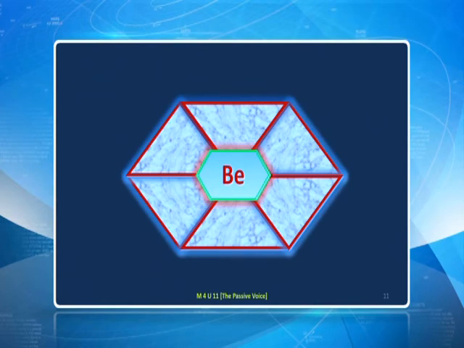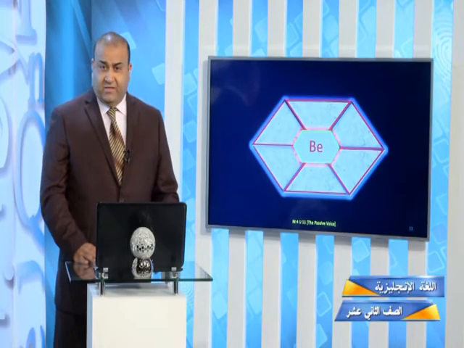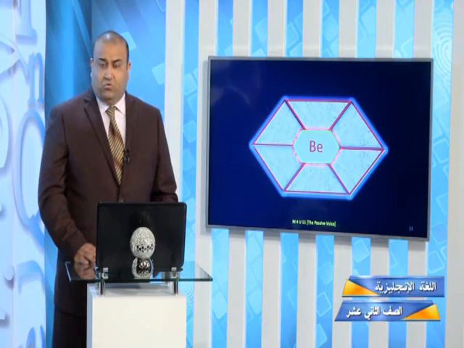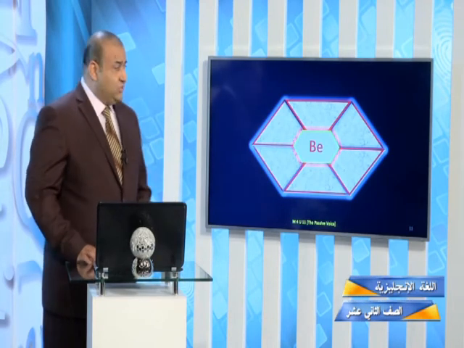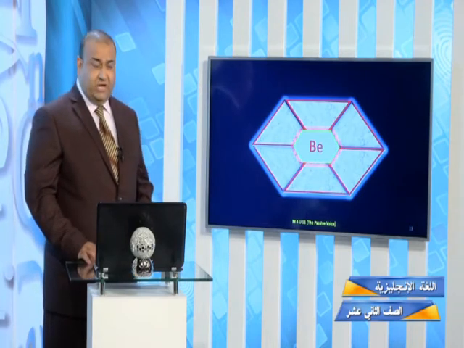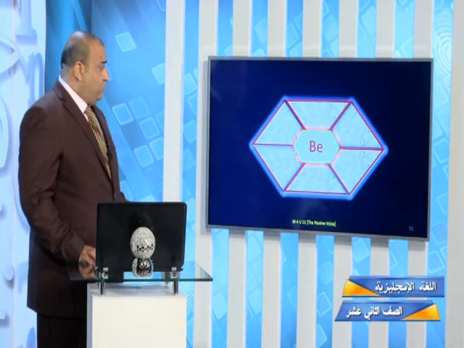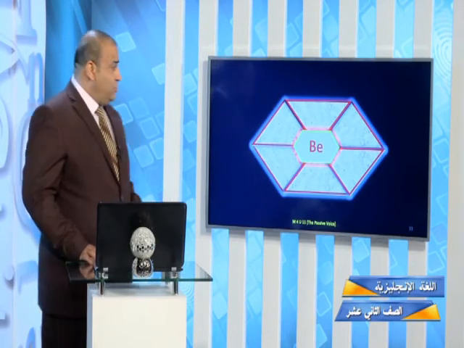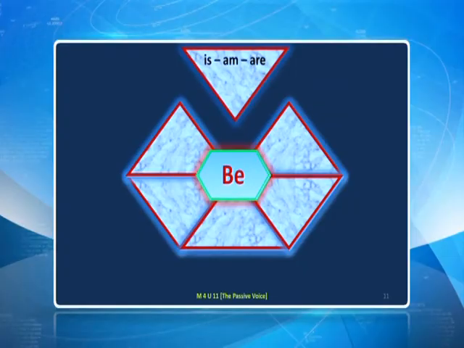In order to be able to make correct passive sentences in English, you have to know two very important things. The first thing is to be able to conjugate the verb to be in all the tenses of the English language. For example, if your teacher asks you to conjugate the verb to be in the present simple, you should provide the following answers: is or am or are.